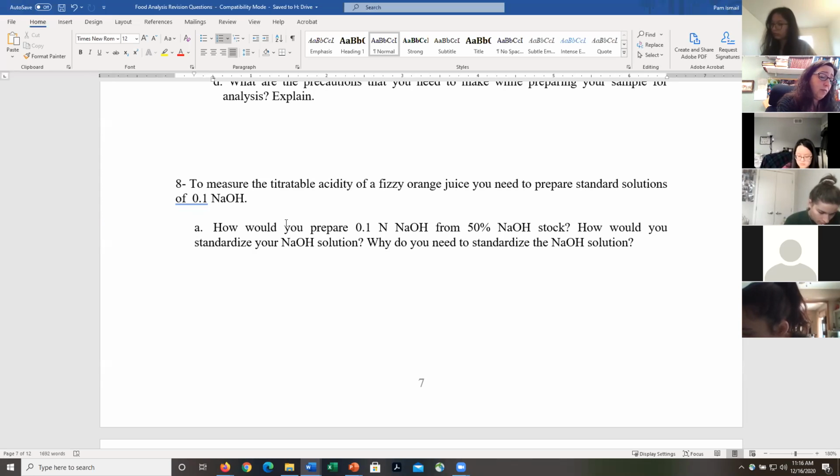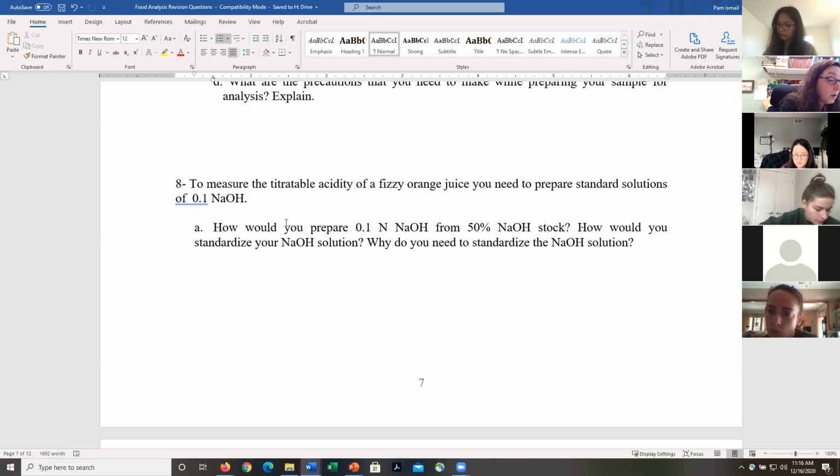You get 12.5 moles per liter. So the normality or molarity, it's the same, it's equal. Normality and molarity are equal because you have one OH. So it's 12.5 normal.